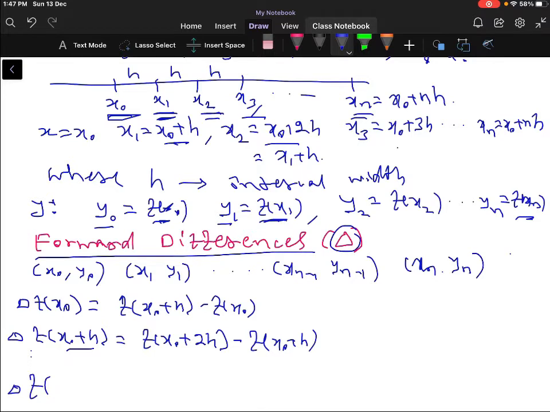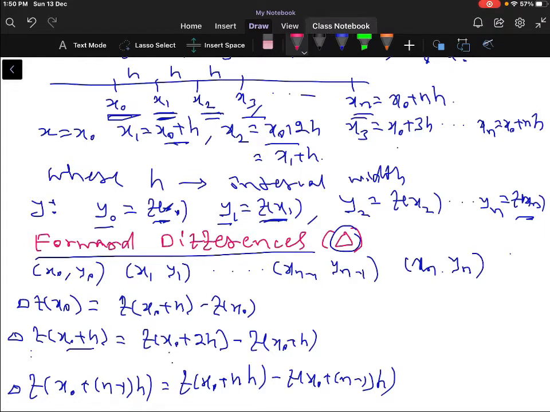Delta of f of x0 plus n minus 1 into h can be defined as f of x0 plus nh minus f of x0 plus n minus 1 into h.